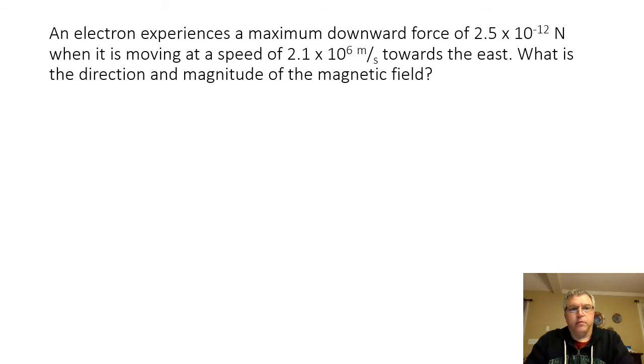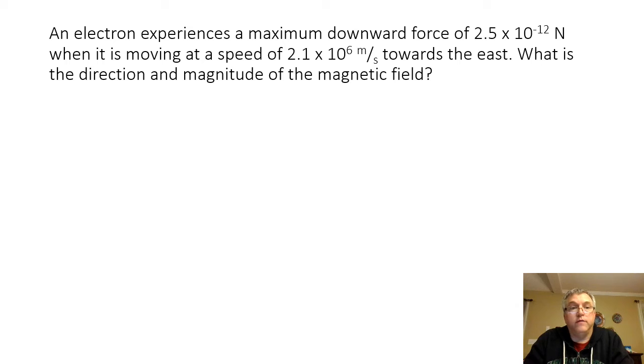The second problem gives us an electron which experiences a maximum downward force of 2.5 times 10 to the minus 12th newtons when it is moving at a speed of 2.1 times 10 to the 6 meters per second toward the east. They want to know the direction and the magnitude of the magnetic field.